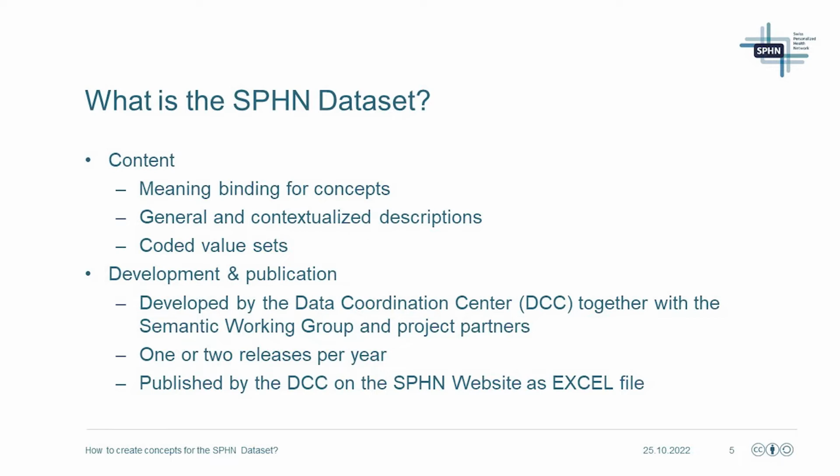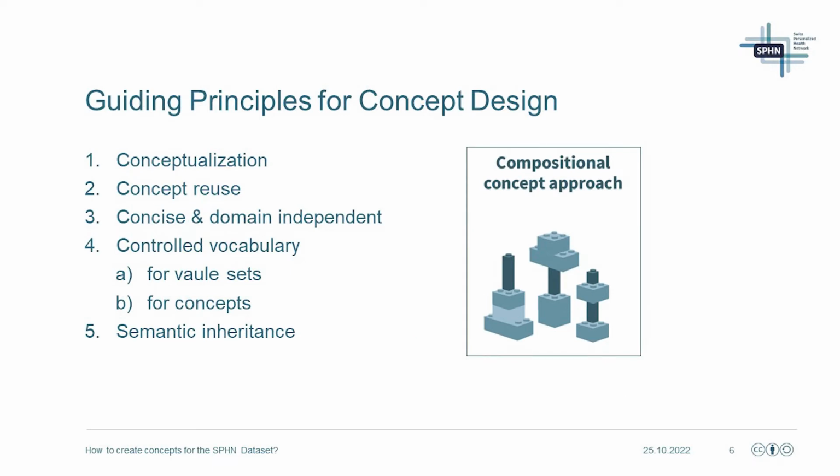The dataset is developed by the Data Coordination Center together with the Semantic Working Group and project partners. It's released 1 or 2 times per year, and it is published by the DCC on the SPHN website as an Excel file.